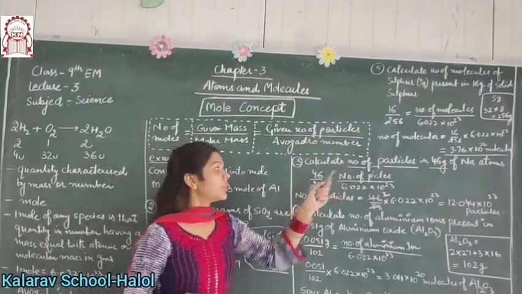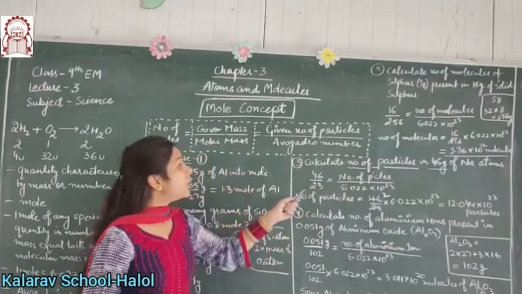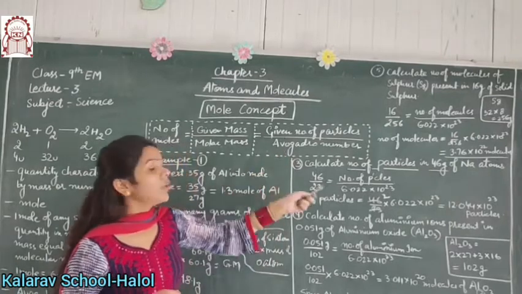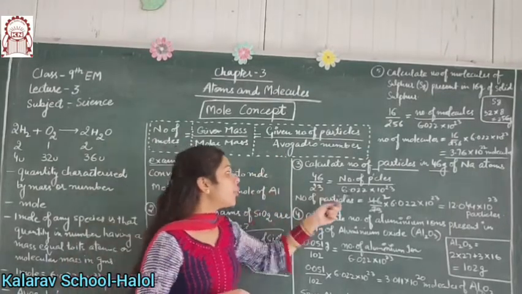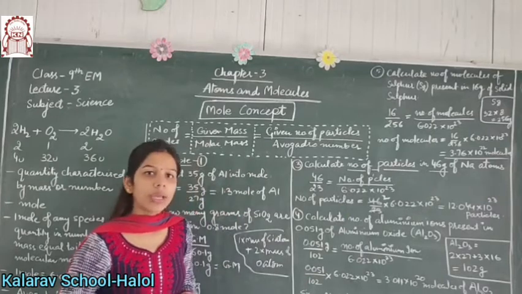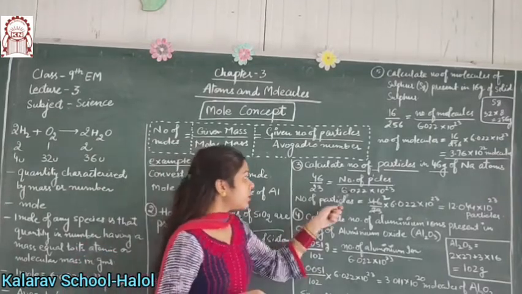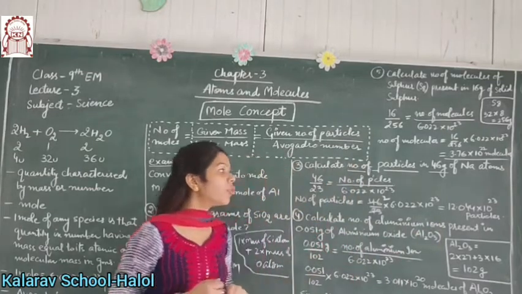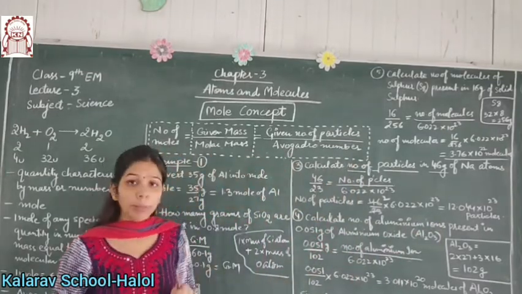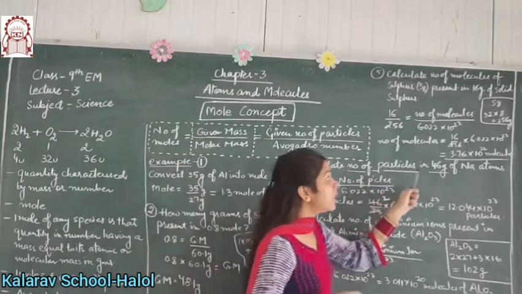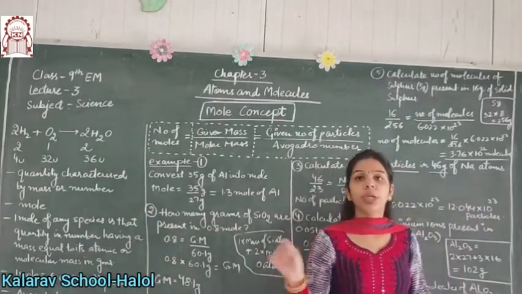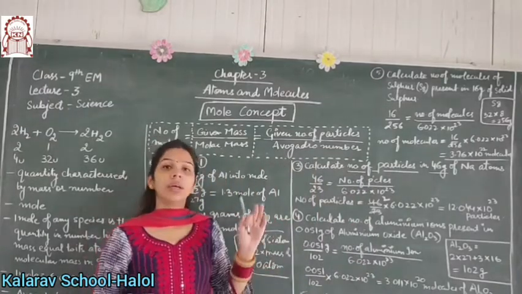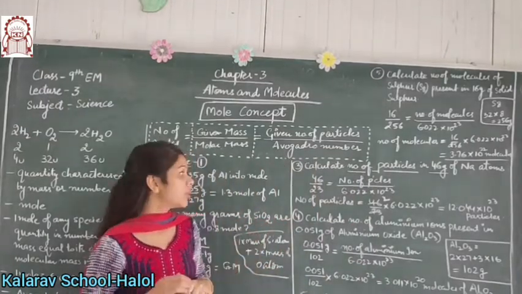Given mass is 46, upon molar mass of sodium atom, 23. The number of particles we have to find, upon Avogadro number, that is 6.022 × 10^23. By solving this, we get 12.044 × 10^23 particles present in 46 gram of sodium atom. You have to write these things, I am just solving this.